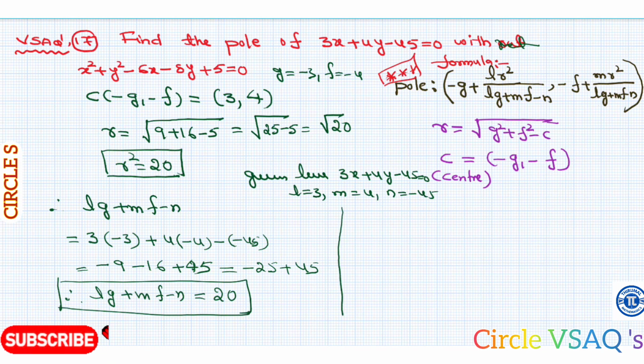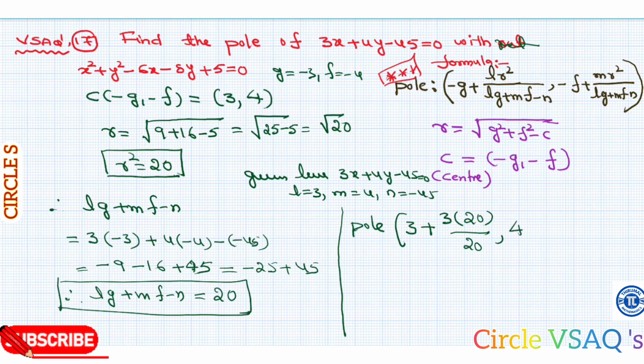Okay, now write the pole is equal to minus g value, which is 3, plus l value 3 into r square equal to 20 by denominator value 20 comma minus f is 4 plus m value, m equal to also 4, into 20 by 20.